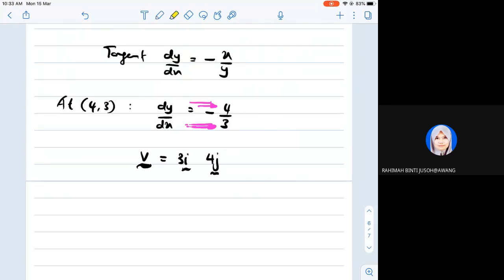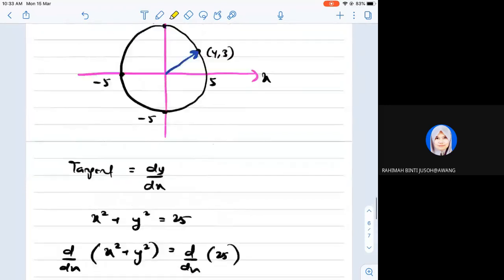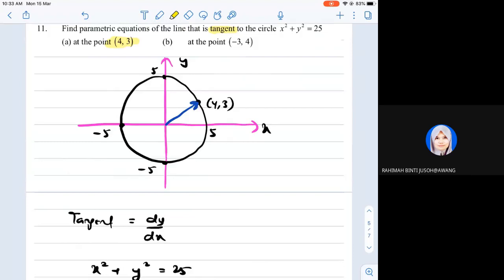Okay, now we have negative. Negative ni. Kat mana nak letak negative ni? Okay, now look here on the graph. Let's say I consider the tangent vector of this curve is in this direction. Misal kata saya nak direction saya ke atas. Tangent can be either way lah. Sama ada upward or downward as long as the tangent lah maksudnya.